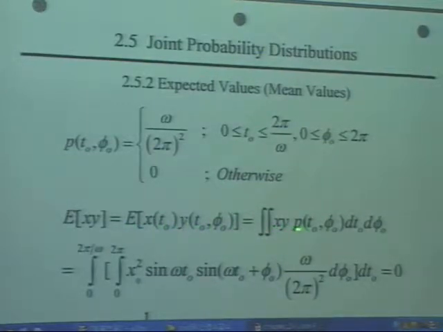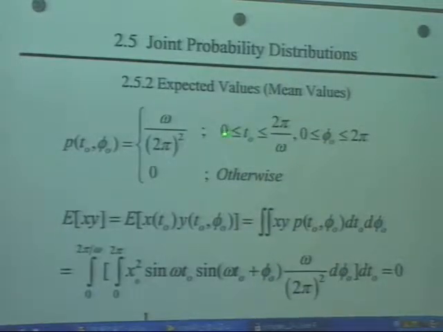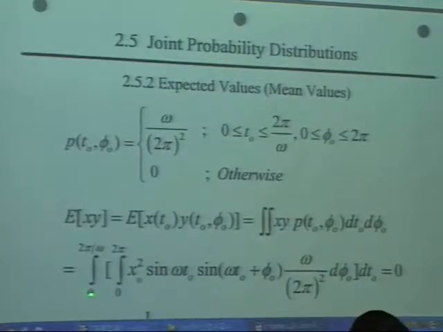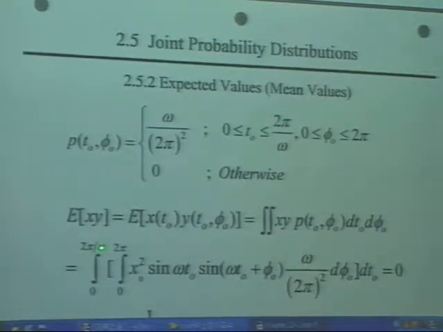xy times the joint probability density function, integration from minus infinity to infinity. But below 0 doesn't mean anything. The lower limit is 0. You can start the integration, lower integration limit as 0, with upper limits 2 pi over omega and 2 pi.